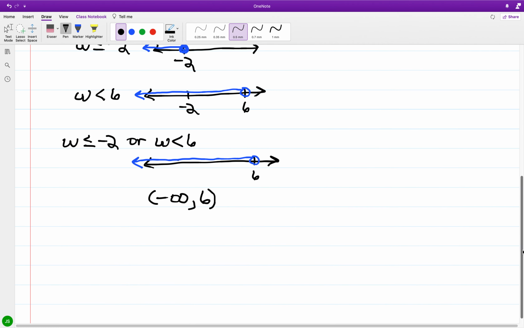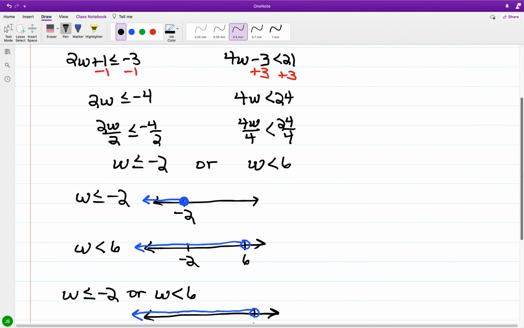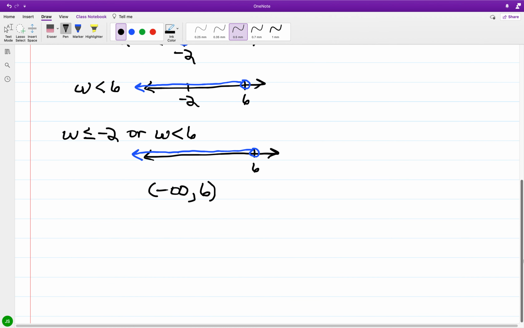All right. Again, you have the word or, so you have combining solutions. Now, if I had the statement to be w is less than or equal to negative 2, and that w is less than 6, you're limited to only the values that would be common to both sets.